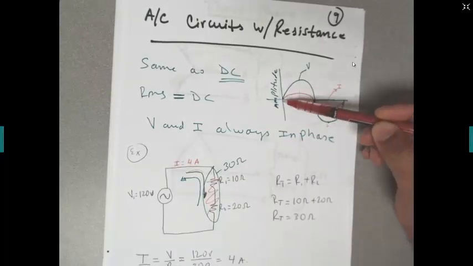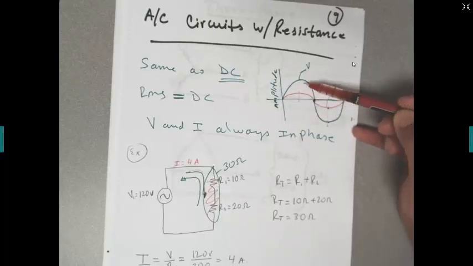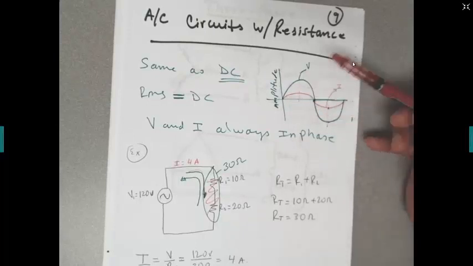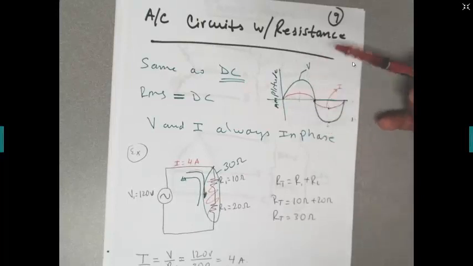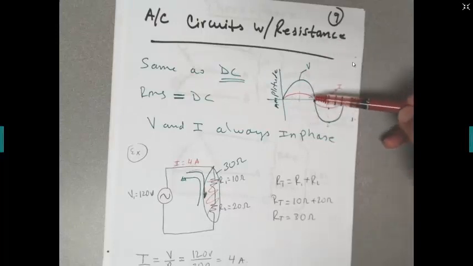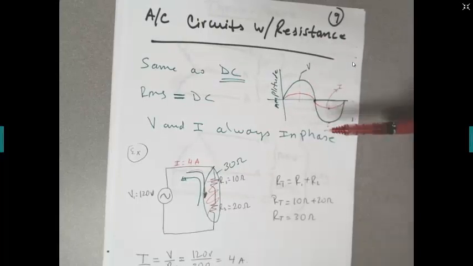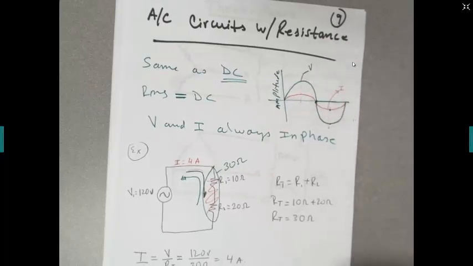That's what it means to be in phase. The amplitude can be different, it doesn't matter. They can have one large and one small amplitude. That's not a big deal, as long as they go through their maximum values at the same time, so they're in phase.